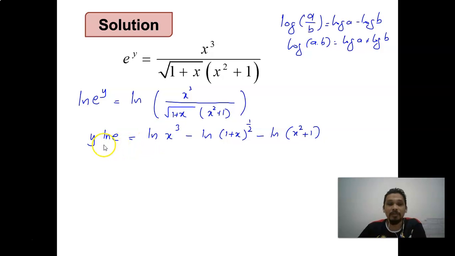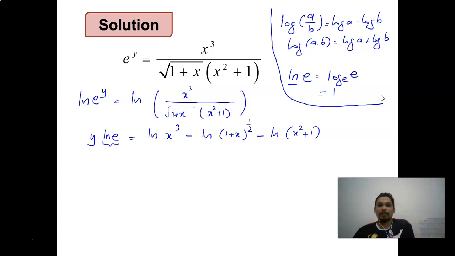Take a look at this: natural log of e, where natural log itself is a log to the base of e, and log e to the base of e equals 1.